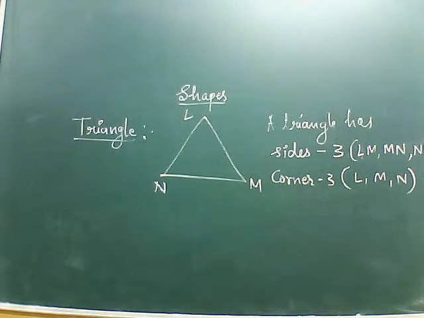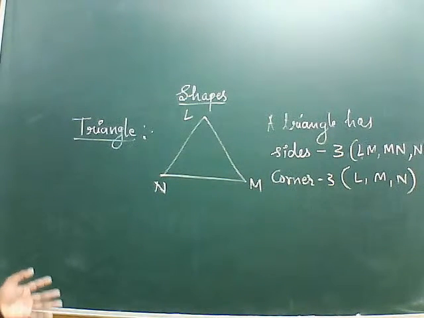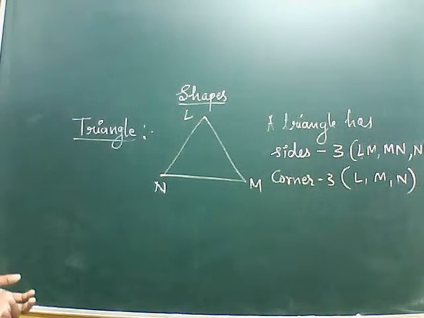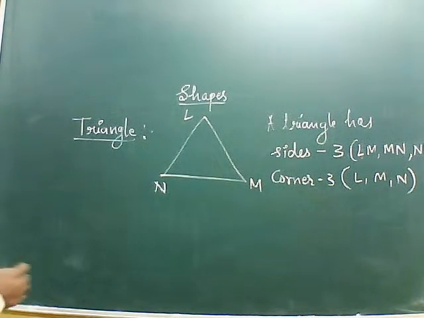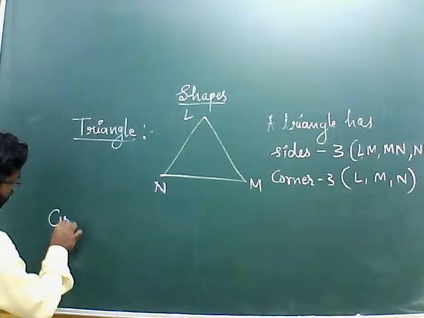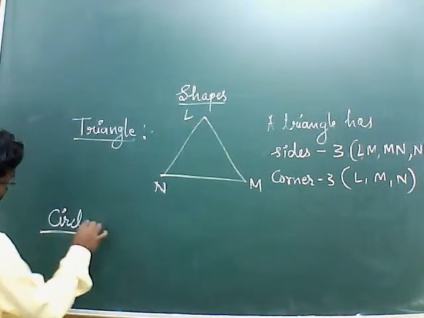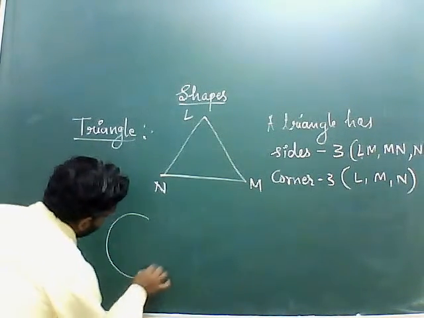Another two shapes are left out. What are the other two shapes? Circle and oval. Both circle and oval have no sides and no corners. Let's talk about circle.